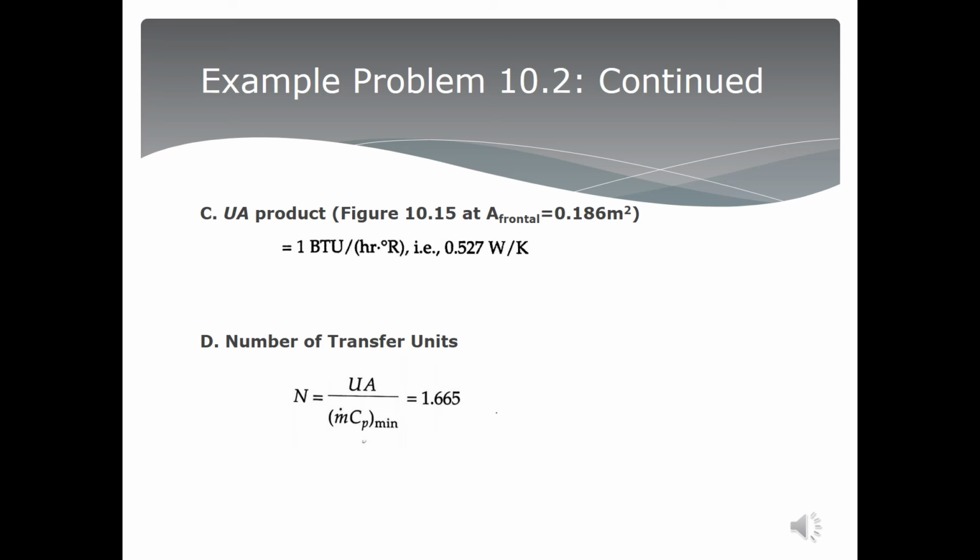In Part C, Table 10.15 from the textbook comes in handy for the UA product. That is important for Part D, where number of transfer units is being calculated. In Part D, N equals UA divided by minimum capacitance, which was found earlier, which equals 1.665.